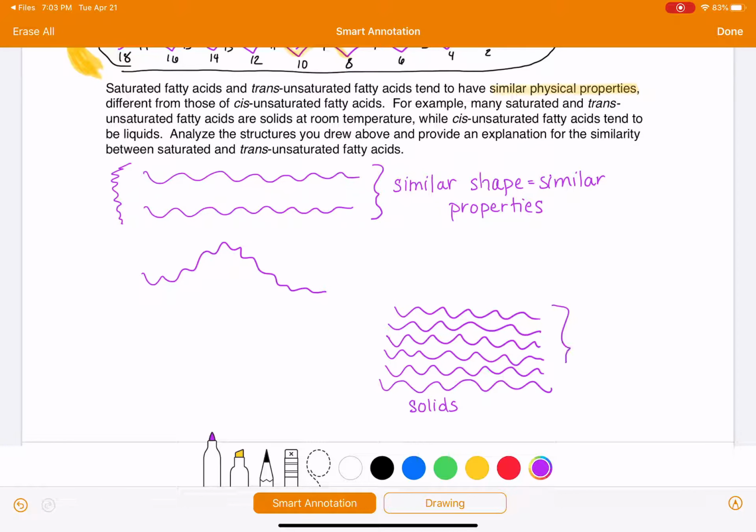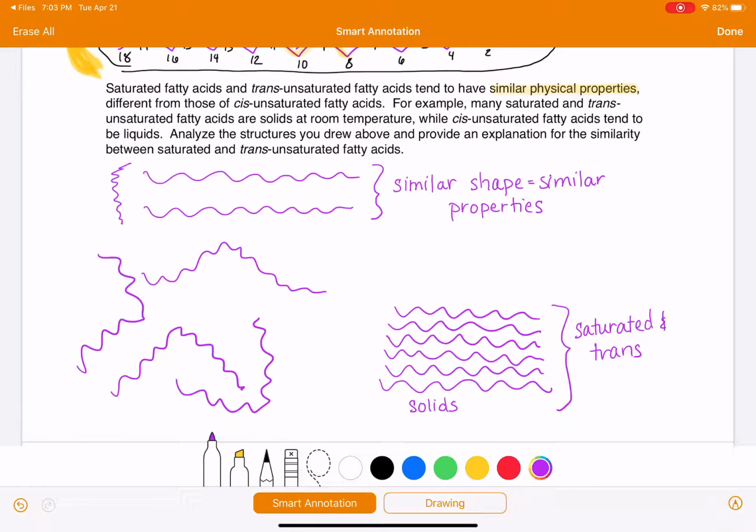So this is the saturated and the trans unsaturated. Whereas the cis unsaturated, because they don't have that linear shape, have a harder time packing themselves together.